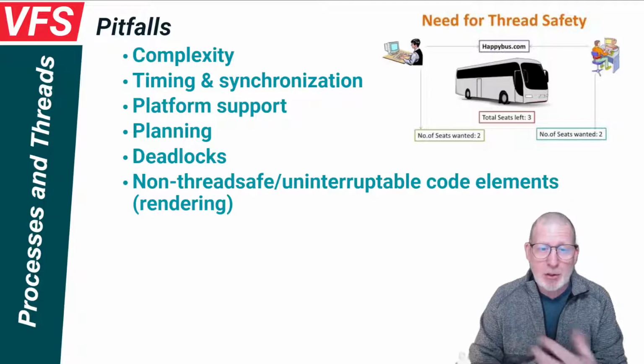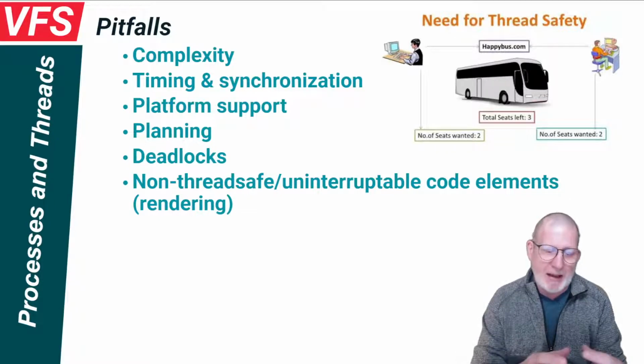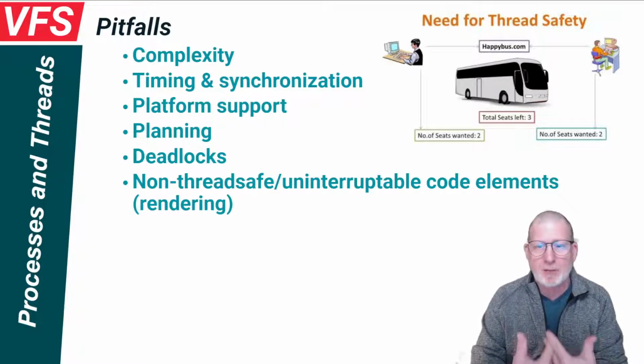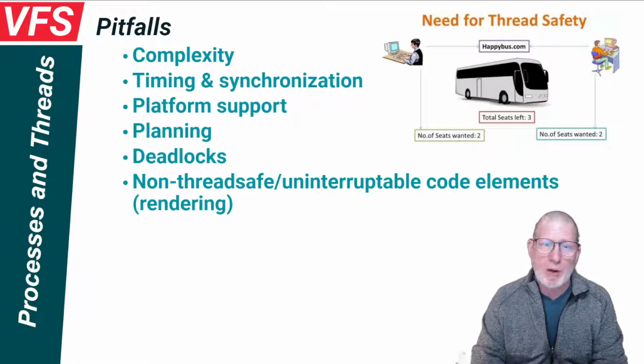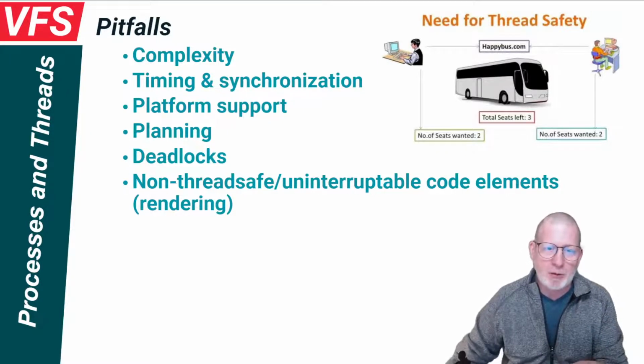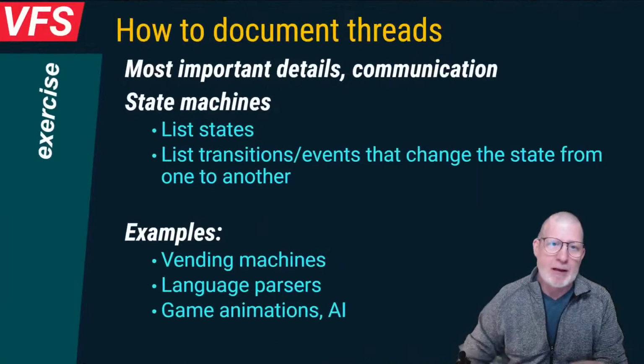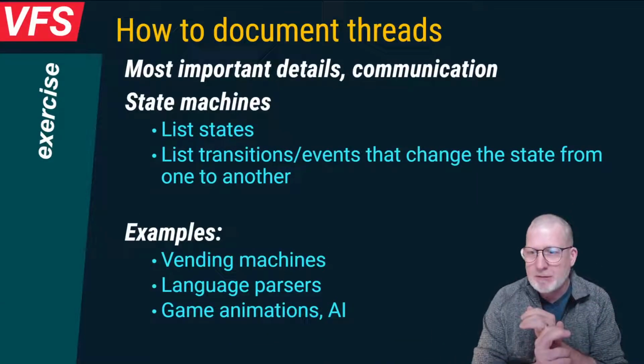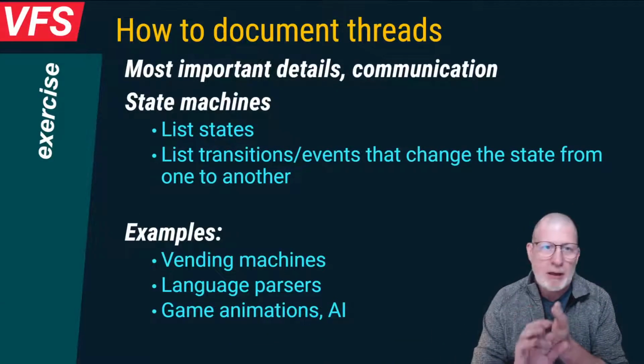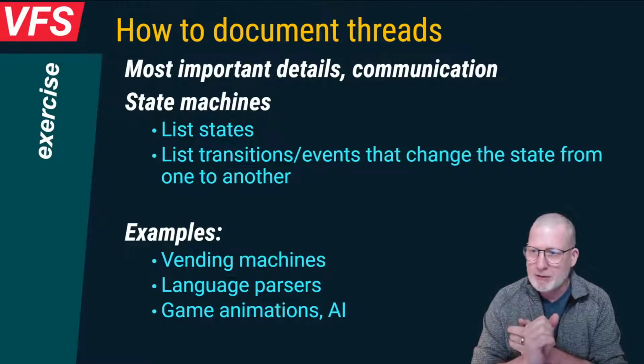And one of the best tools for doing this is a state machine, because a state machine lets us know what part or what agent or what entity in our software is in what state at any given time, and what events change that state. The most common examples that people use typically involve things like vending machines, game animations, AI states, language parsers, and compilers.